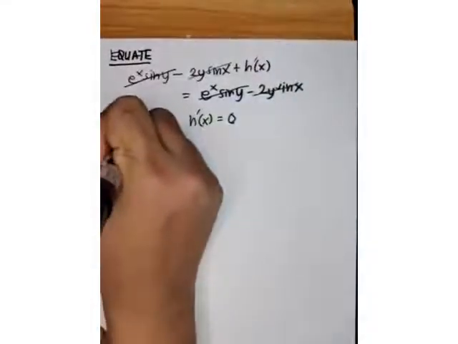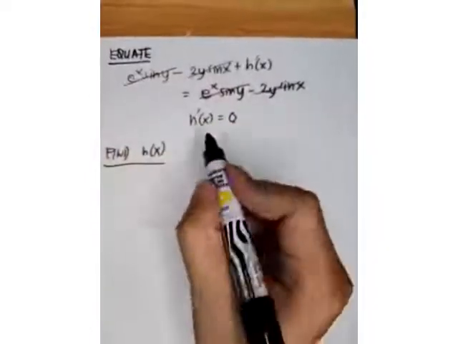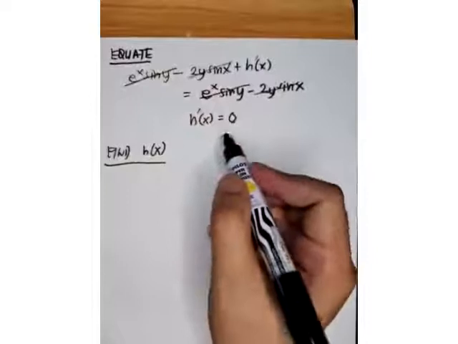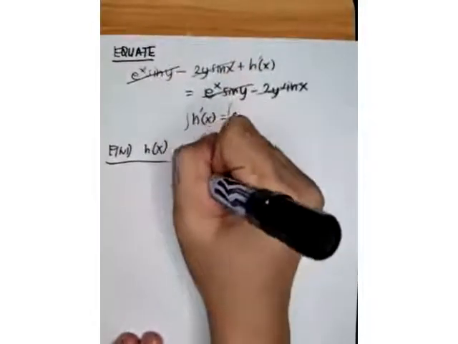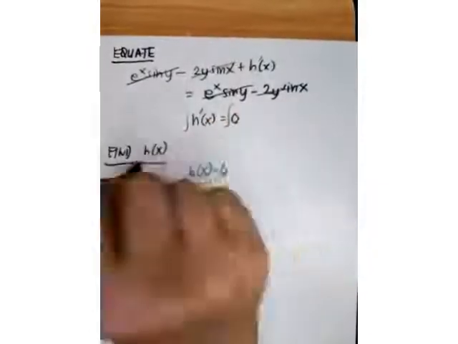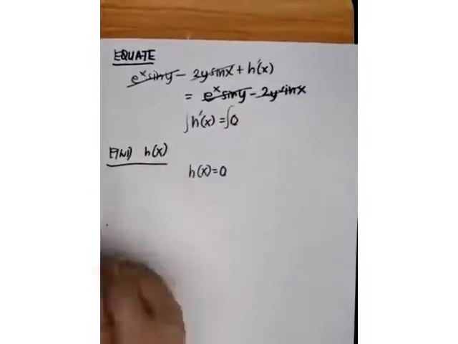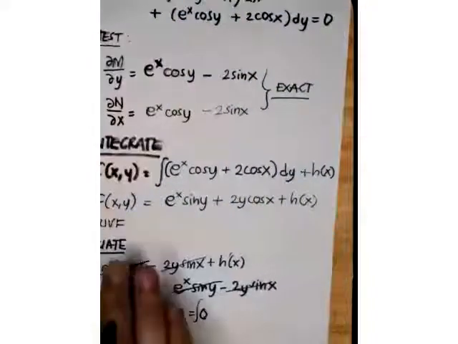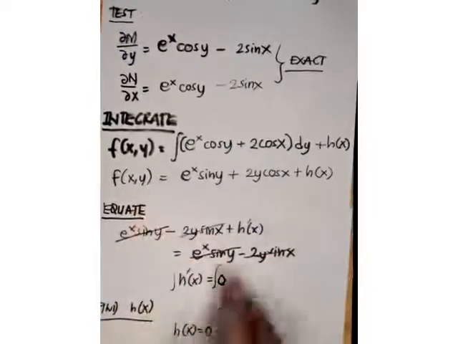Now, the next step will be to find h of x by integrating h of x prime. But h of x prime is 0, so even if we integrate that, h of x will be equal to 0. So that means we have found h of x. And then let's go back to our function, yung sagot doon sa integral dito, and then we substitute h of x.